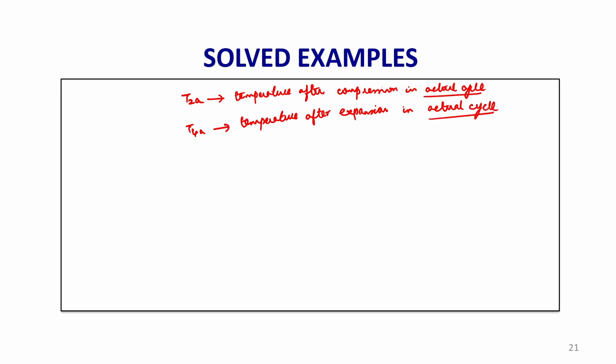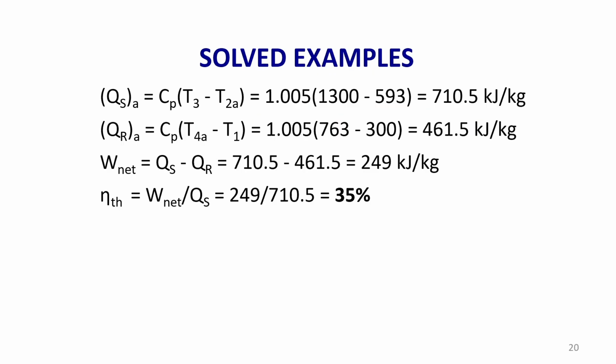So this is actual, whereas T2 and T4 are the temperatures after compression and expansion in the ideal cycle. Wherever I am using the notation A, that refers to actual, T2A, T4A. If I am just writing T2 and T4, it is isentropic compression and isentropic expansion.